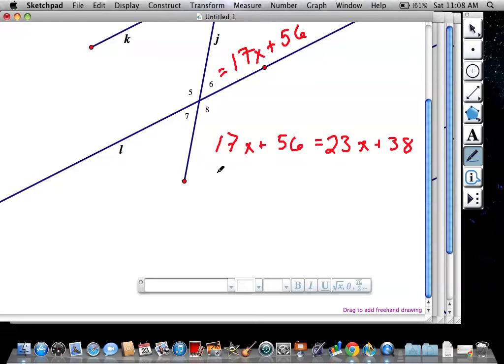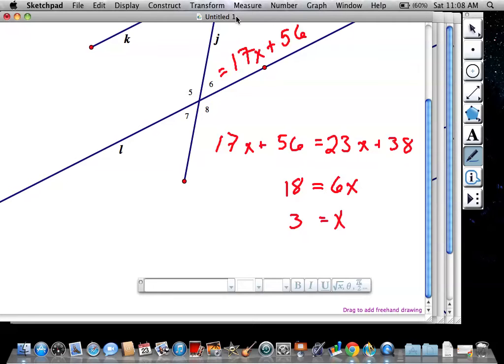So let's do this. Let's take this, subtract 17x, subtract 17x. That gives me 6x here. I subtract 38 from 56. That gives me 18. I divide by 6, so x equals 3. So if I plug in 3 here, that means that 6 and 2 will be congruent.